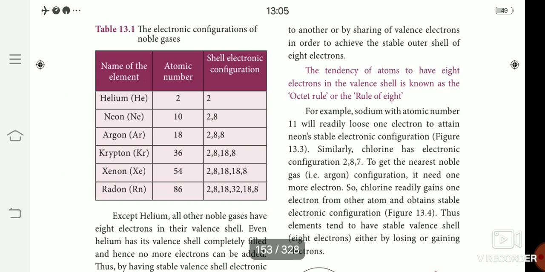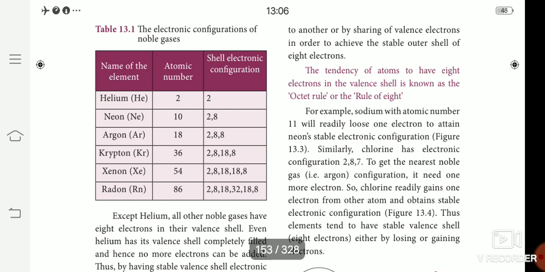Then another one is chlorine. The chlorine electronic configuration is 1s2, 2s2, 2p6 and 3s2, 3p5. So the electronic configuration is 2, 8, 7. The chlorine gains 1 electron.